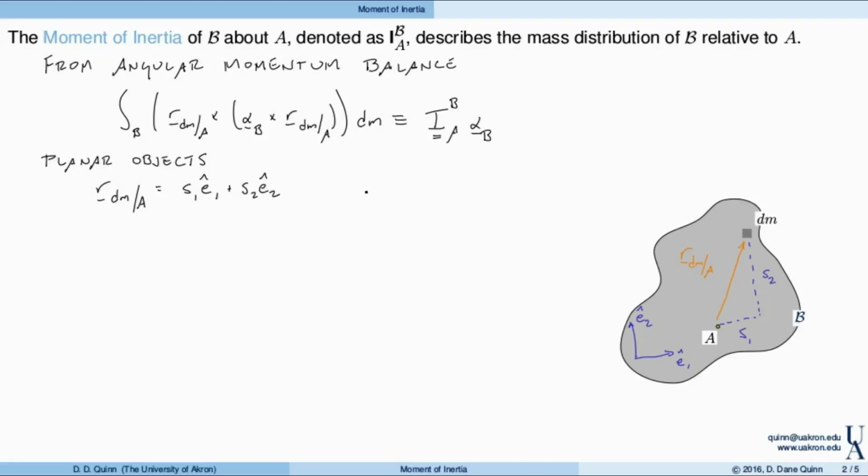So, in addition, as we had mentioned, the angular acceleration is only in the k direction. So we can write alpha b as some scalar value in the k direction.